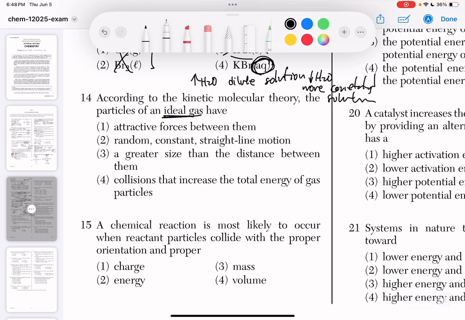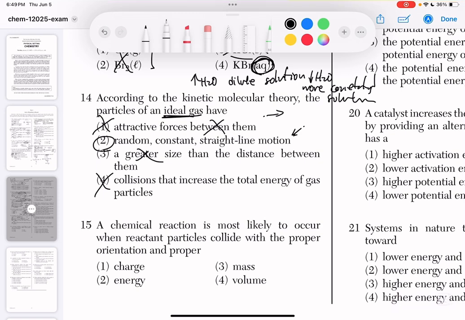Ideal gas. Okay. So, according to kinetic molecular theory, they definitely don't have attractive forces between them, because if you think about it, an ideal gas, they're not losing energy between collisions. They're traveling in a straight random line motion. And they're very small compared to the distance that separates them.